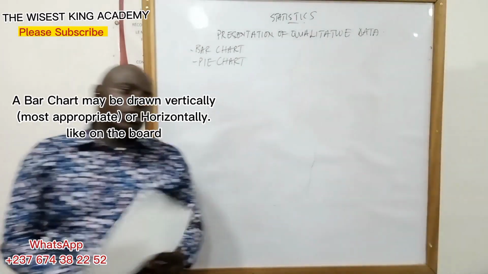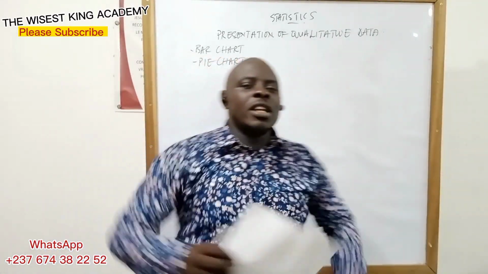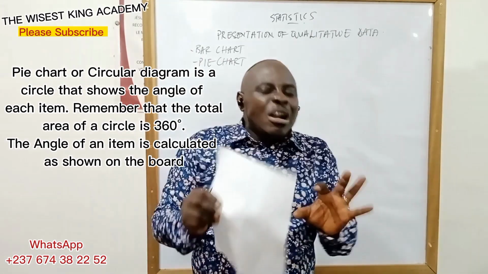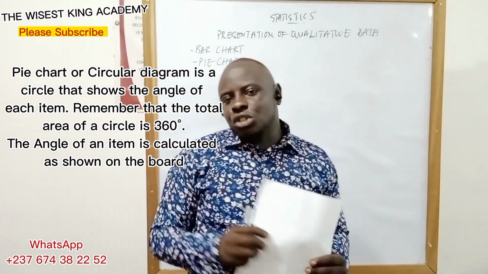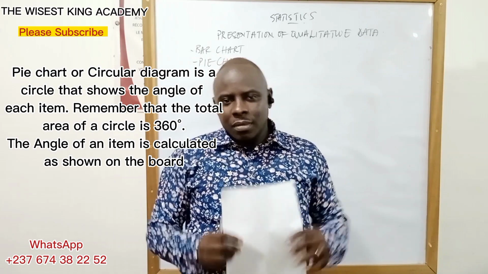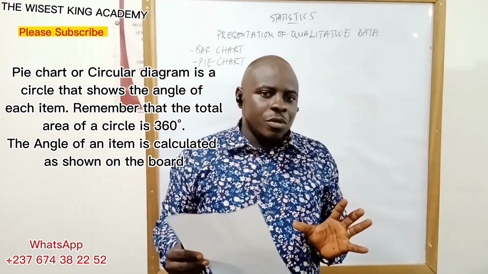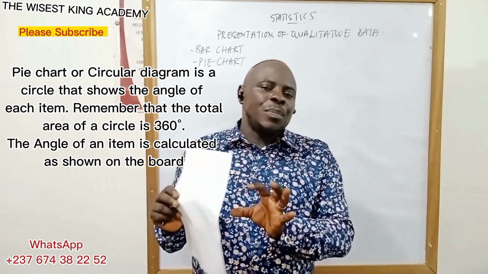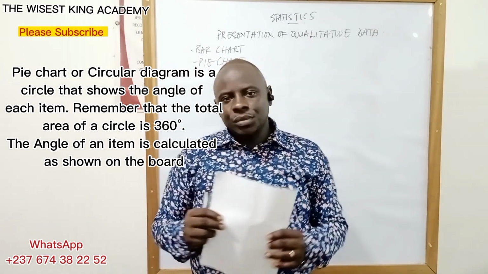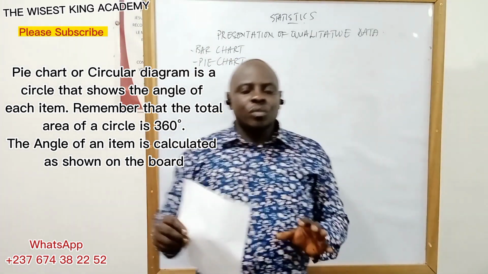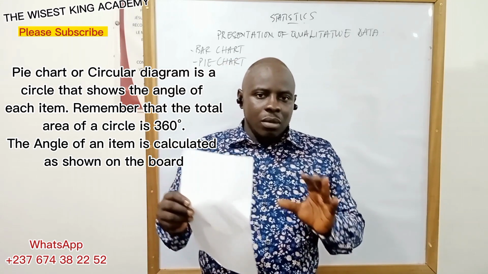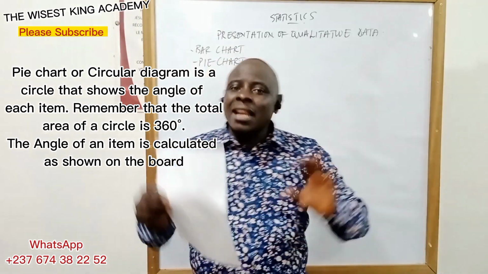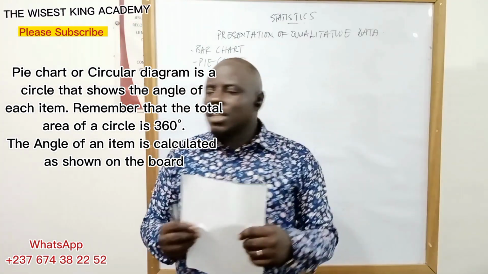A pie chart or circular diagram is actually a circle that shows the angle of each item in a distribution. And remember, the total area of a circle is 360 degrees.